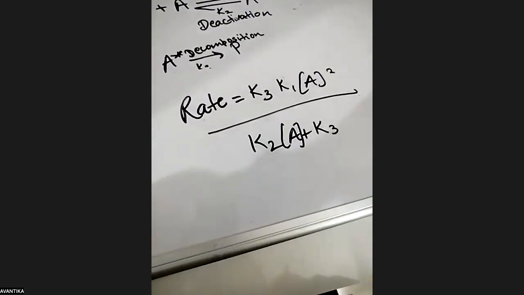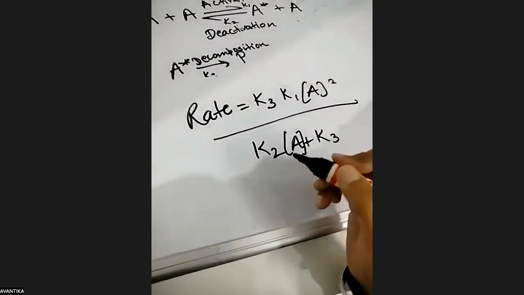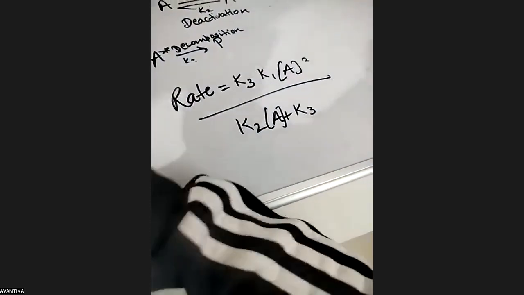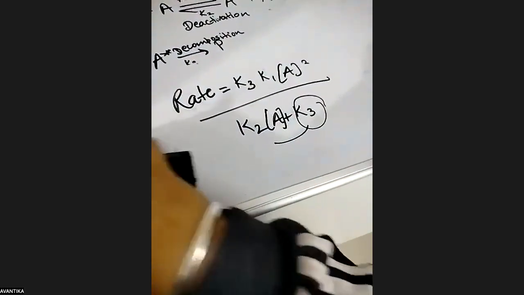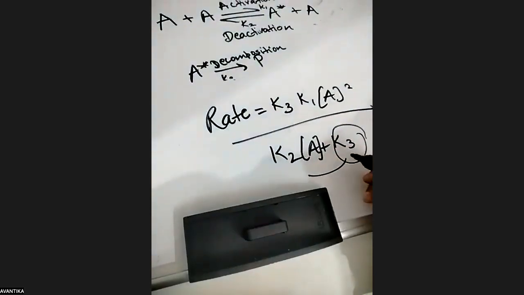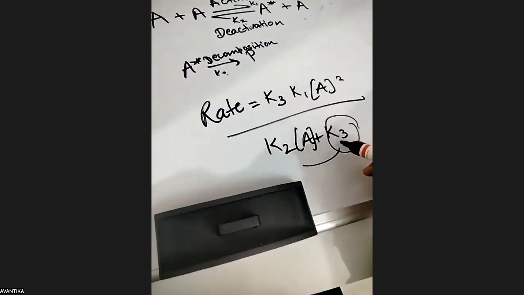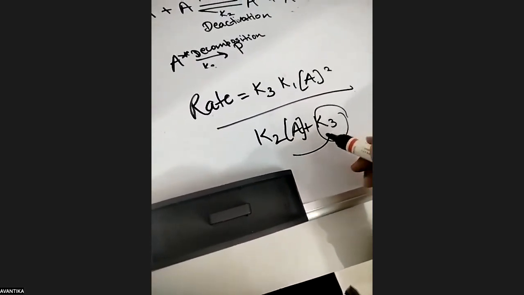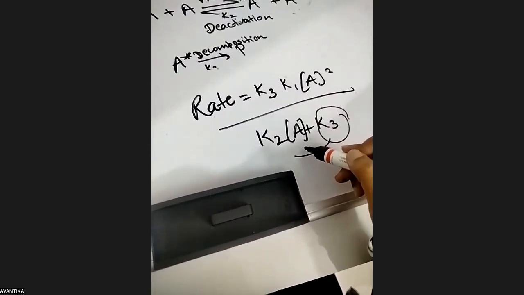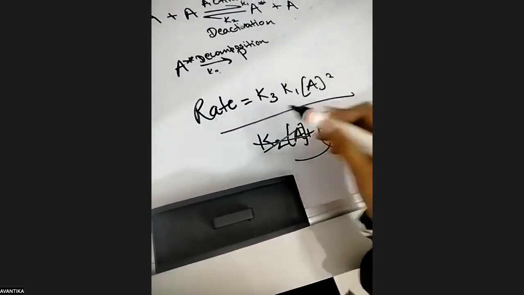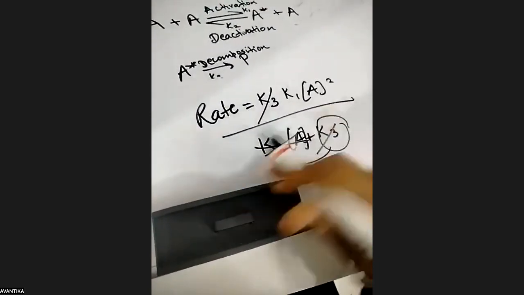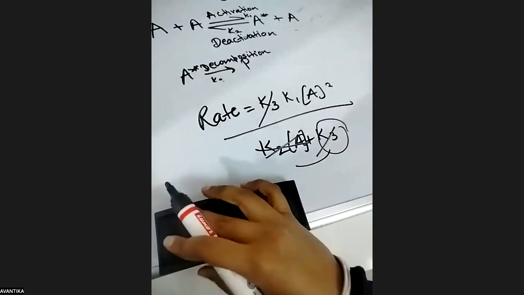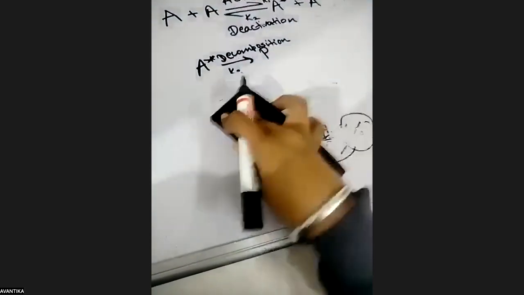So at low pressure, K3 is more than K2 A. Because K3 is more than K2 A, K2 A will be negligible, and from this equation we will find the rate for the decomposition process, that is rate is equal to K1 A squared.